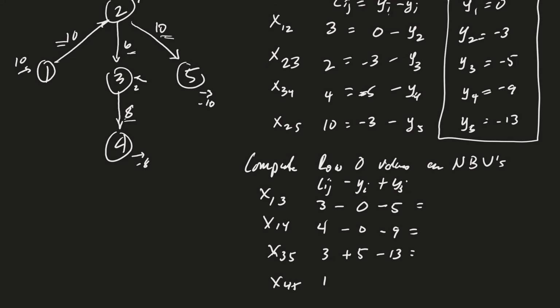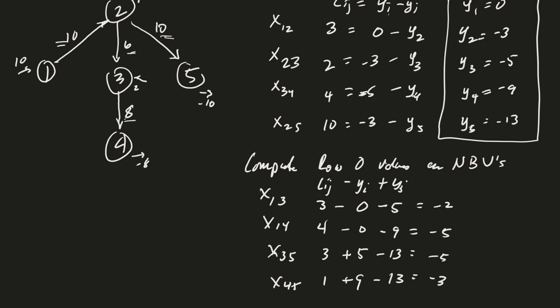Okay, and then 4,5 will give me, let's see, y4 is negative 9, so minus y4 is plus 9, and then plus y5, which is minus 13. Good. And so these values are negative 2, negative 5, negative 5, negative 3.